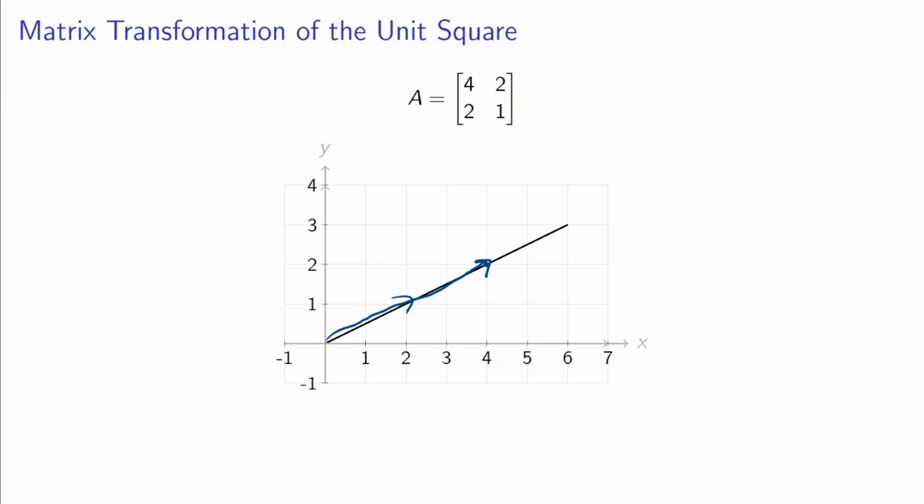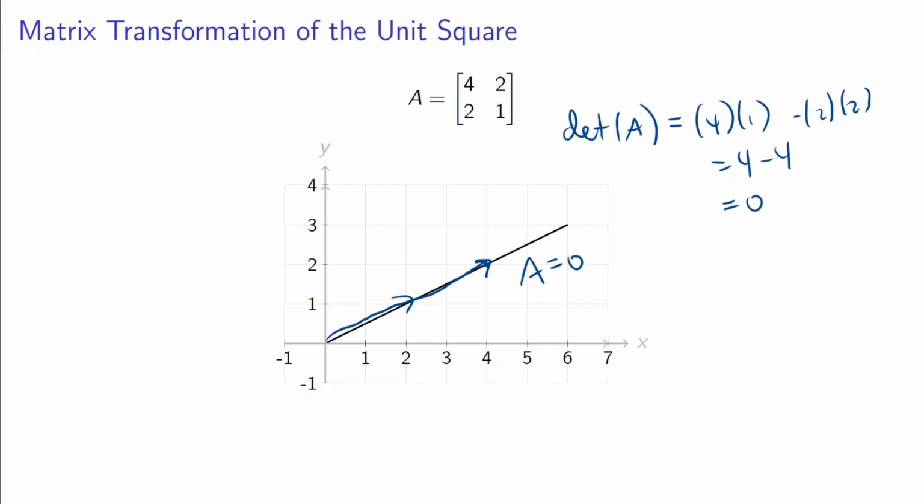We've collapsed that unit square just onto this line here, and we don't end up with a two-dimensional object. We just end up with a line. The area of this would just equal 0. And if we figure out the determinant of A, we'd get 4 times 1 minus 2 times 2, which would be 4 minus 4, or 0.